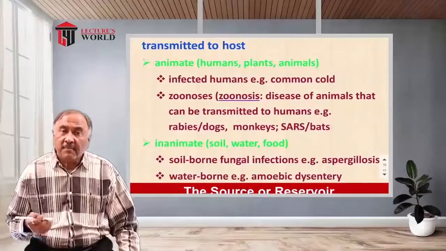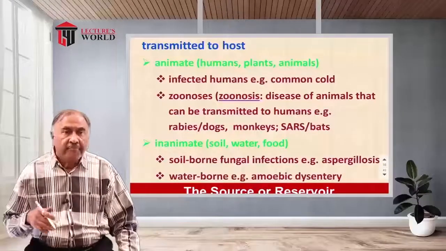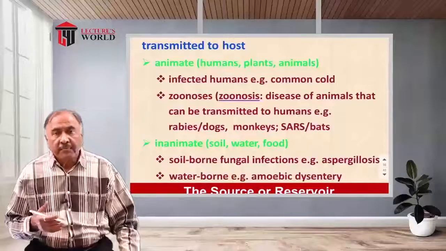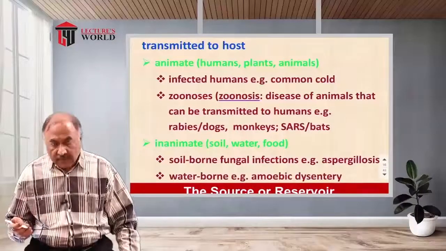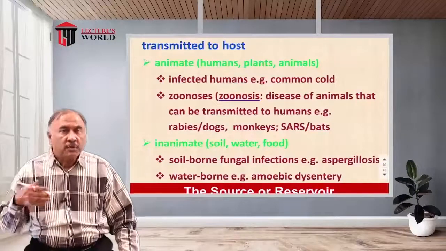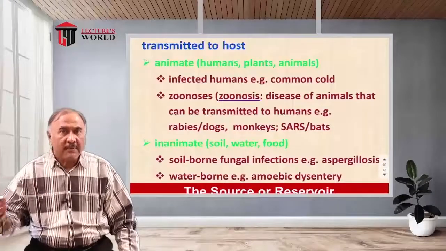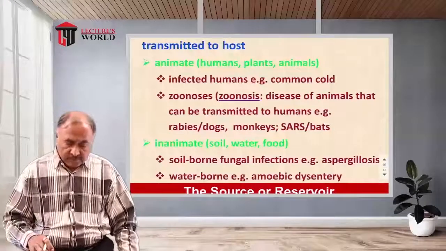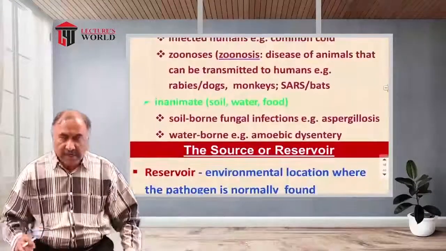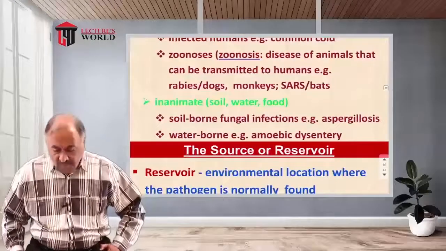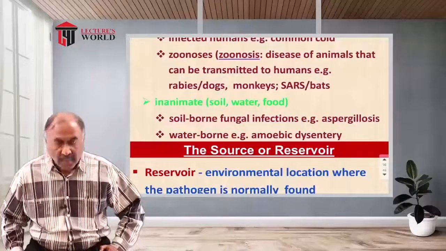For example, rabies, through dogs, monkeys, or through birds, for example, SARS, or through other smaller animals, arthropods. So that is animate. In inanimate, it can be soil, water, or food.